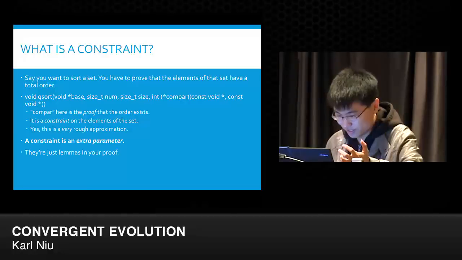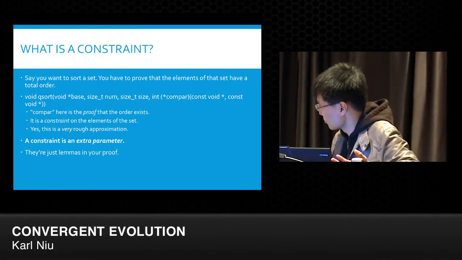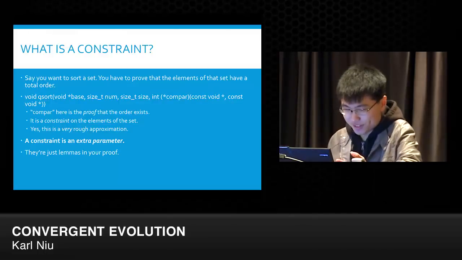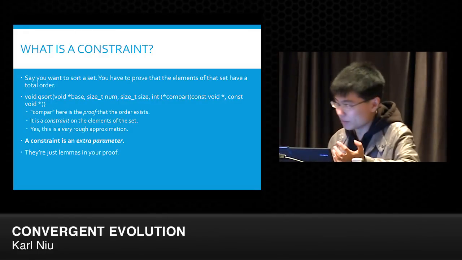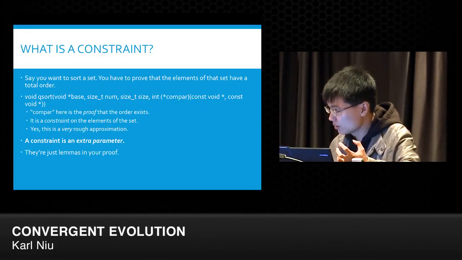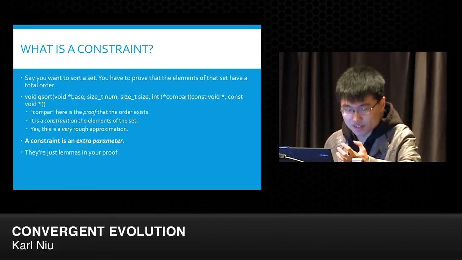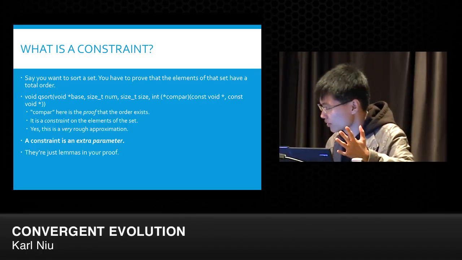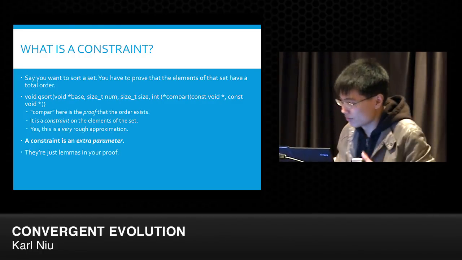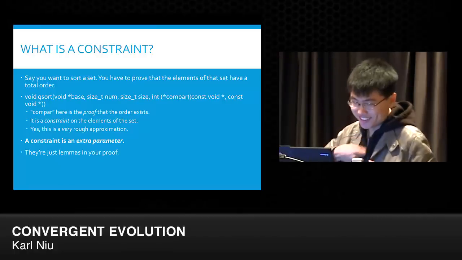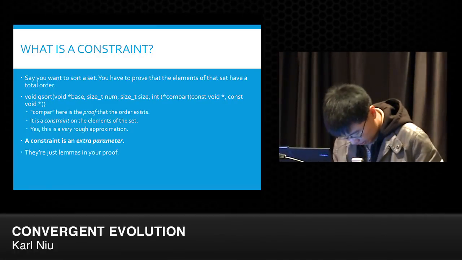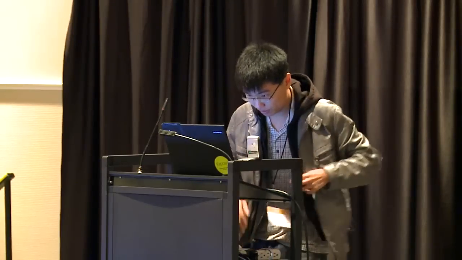And here, that is the proof by the definition of total order. It proves that there's a total order on the elements of the set. It's a constraint on the elements of the set. Yes, once again, since we're talking about the C language, not a pure functional thing, it's a very rough approximation, but essentially a constraint is just an extra parameter, right? Your lemmas in your proof.